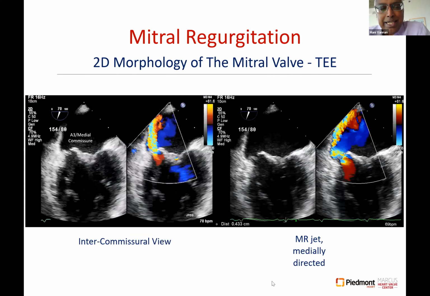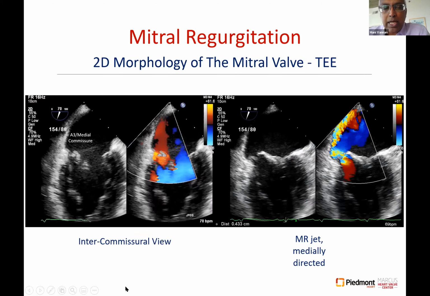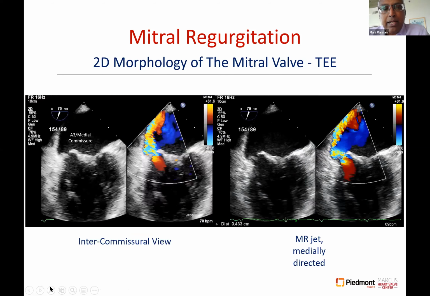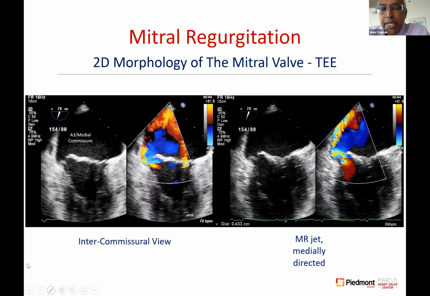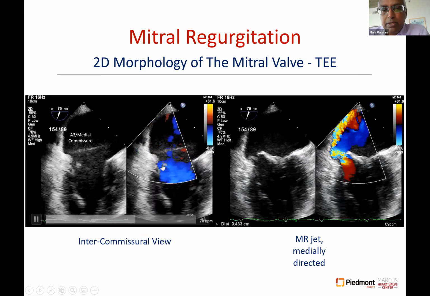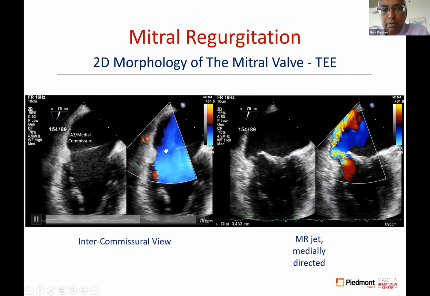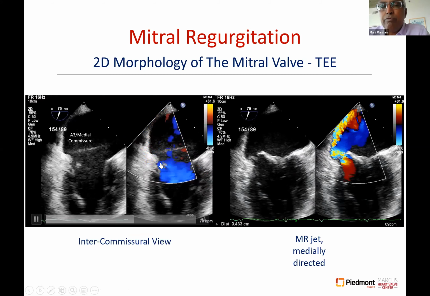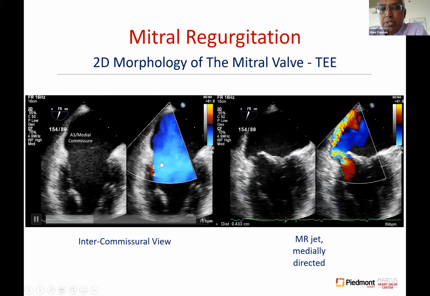This was a TEE done during one of her evaluations, which was done in her outside hospital. And in this TEE, clearly, there is significant medial mitral regurgitation. This is P3, P2, P1, medial, lateral. There is a very medial jet. Again, this is either an A3 prolapse or a medial commissural prolapse.